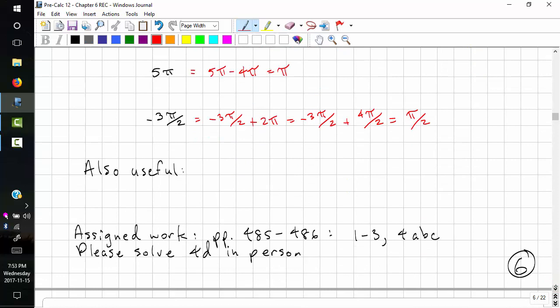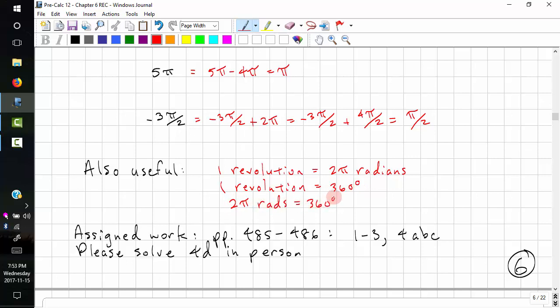So here's some useful conversions as well. 1 revolution equals 2 pi radians. 1 revolution equals 360 degrees. And you already had this before, 2 pi radians equals 360 degrees.